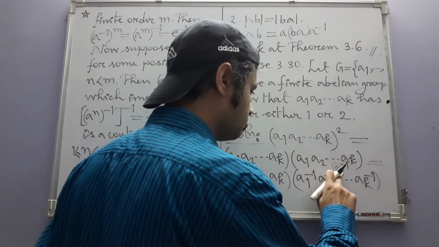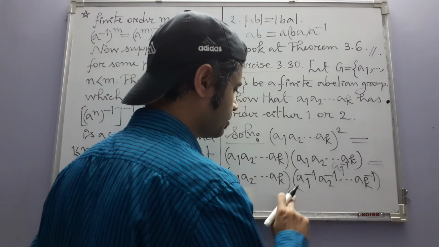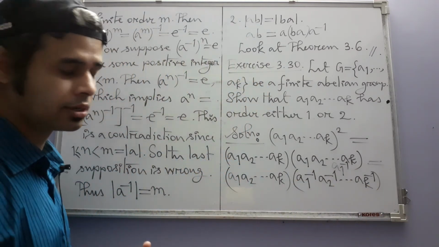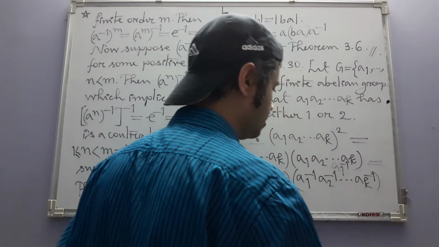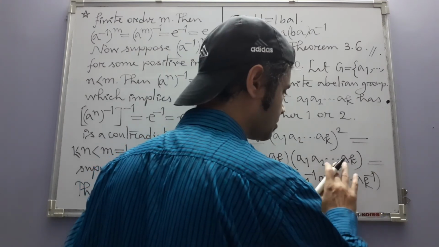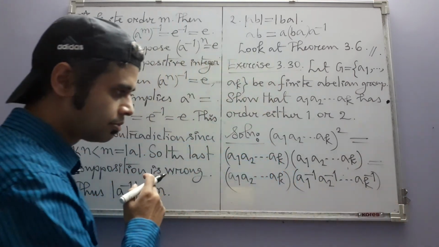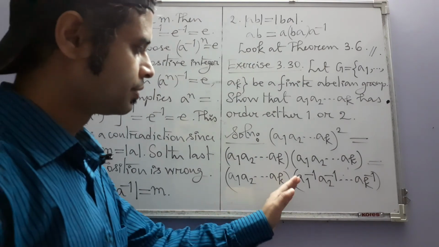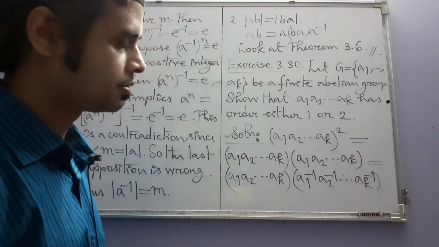Now we can bring that A1 inverse to the front of the product because the group is abelian, we can change the order in any manner we want. So we decide to write A1 inverse here. Like that, you can write the inverses of all the elements, and conveniently I have chosen this order to rearrange the things in the product in such a manner that the inverses now appear like this.